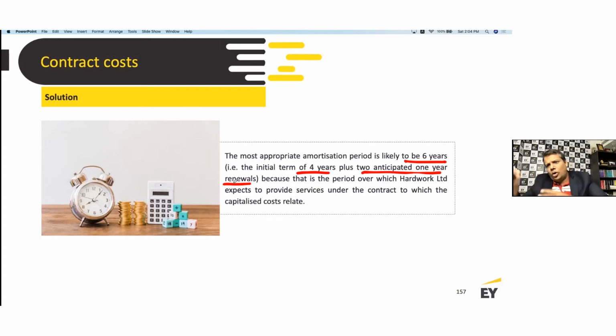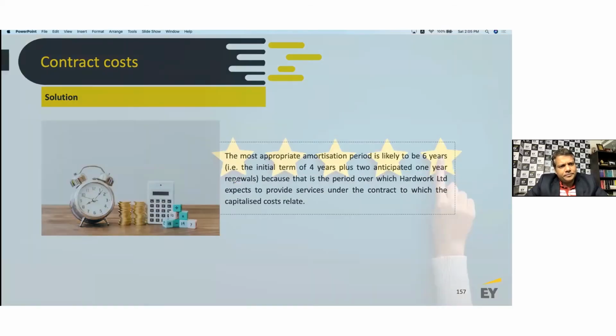And you also need to test it for impairment if there are indicators of impairment. Awesome. So that is what it was about the contract cost: contract cost in relation to obtaining a contract or fulfillment of a contract is what you need to consider.